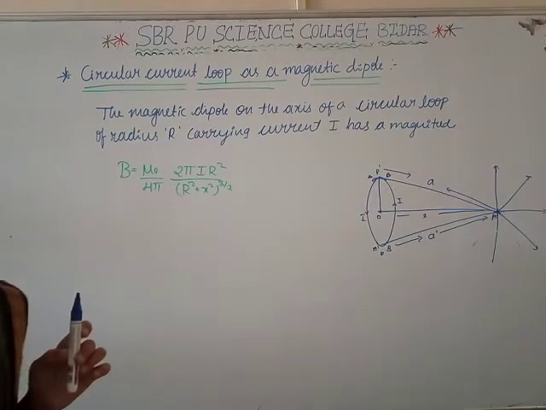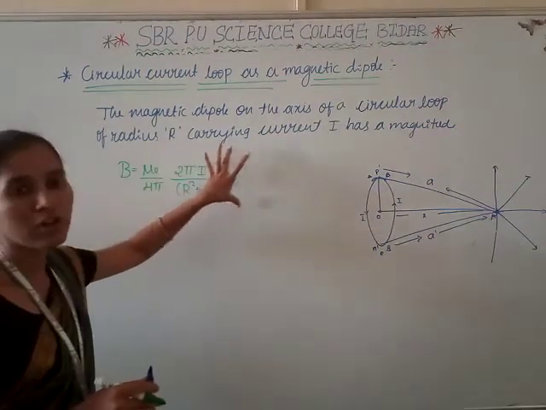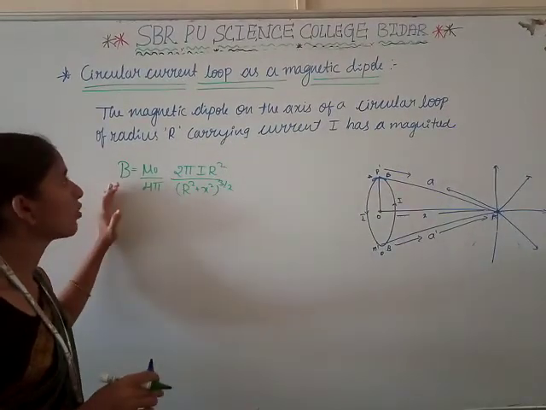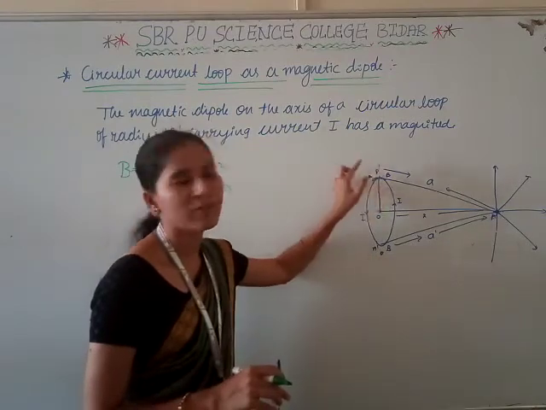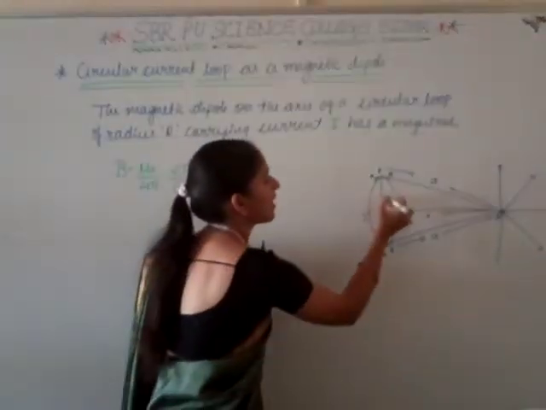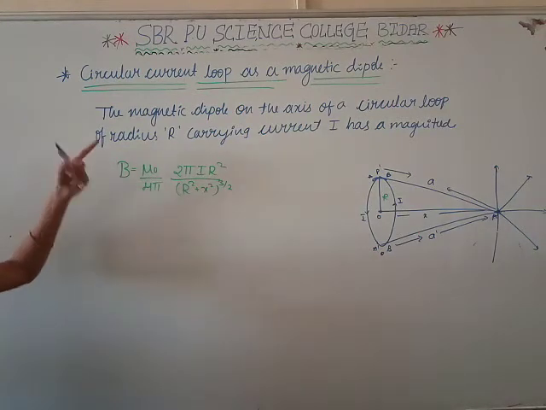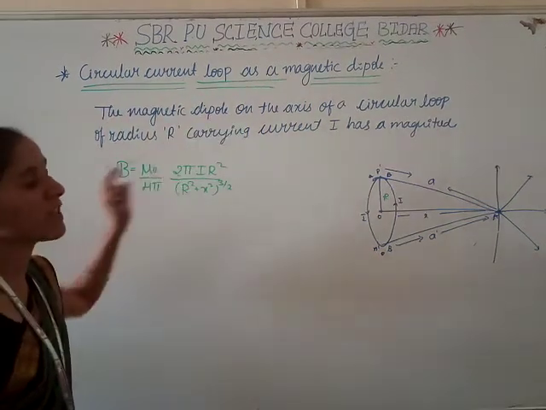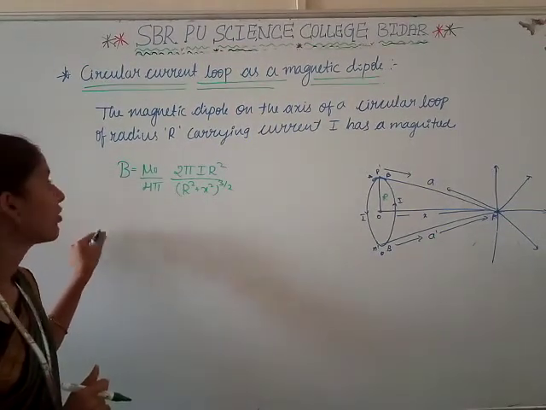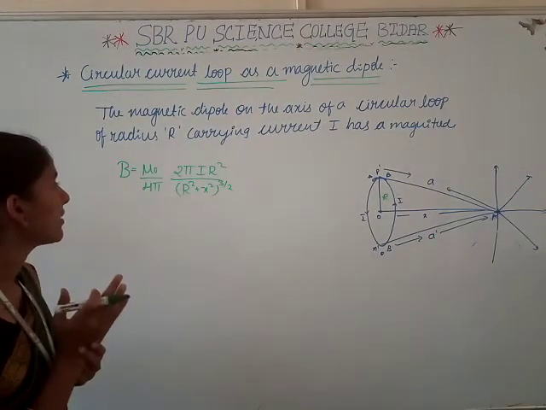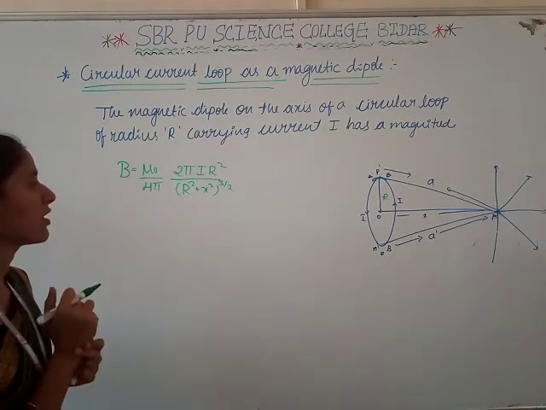This is the final expression of the magnetic field on the axis of a circular loop having a radius r, in which the current I is flowing. By using this expression, we are treating the circular current loop as a magnetic dipole.